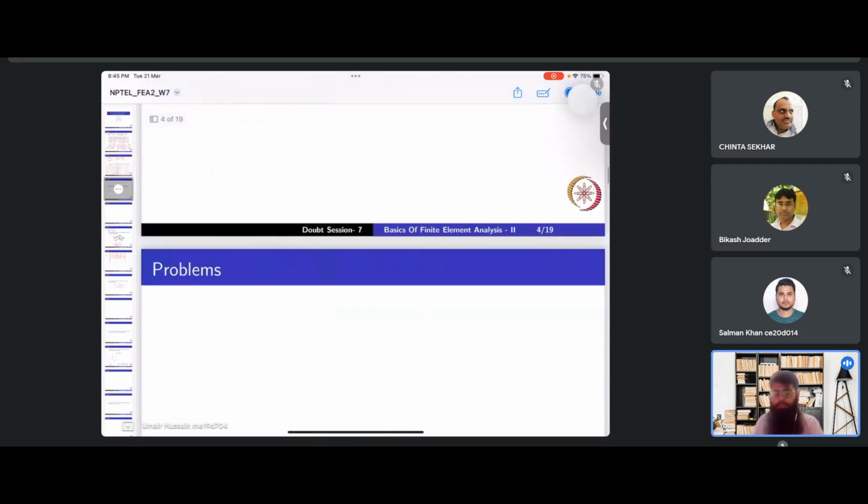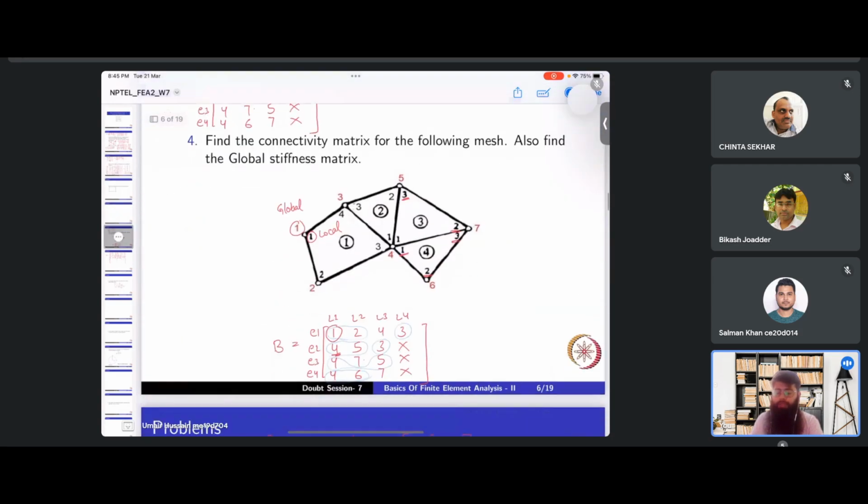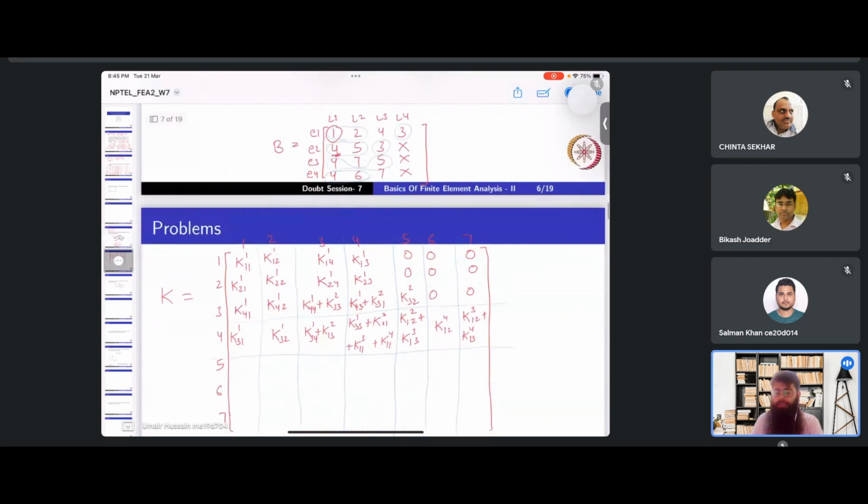But suppose in a problem we are not given the mesh, we are just given the connectivity matrix. Then how will you assemble the global stiffness matrix? This is how it should be done. I hope this was clear, right?